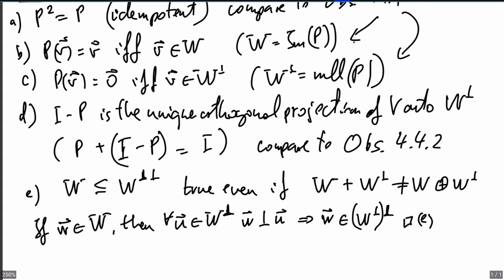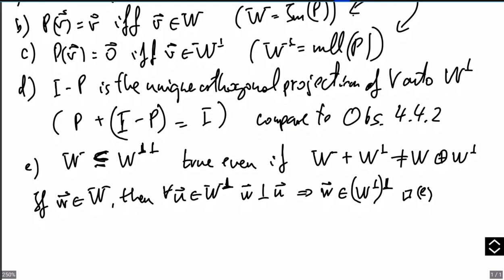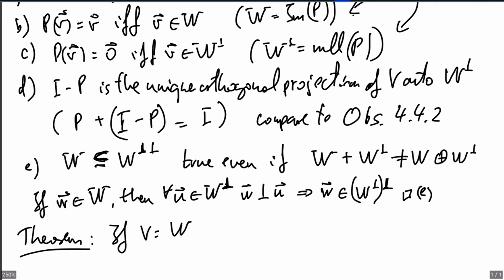We have actually equality here, not just inclusion, if the sum is the direct sum. And this is the next theorem. If V equals W direct sum W perp, then W actually equals W perp perp.